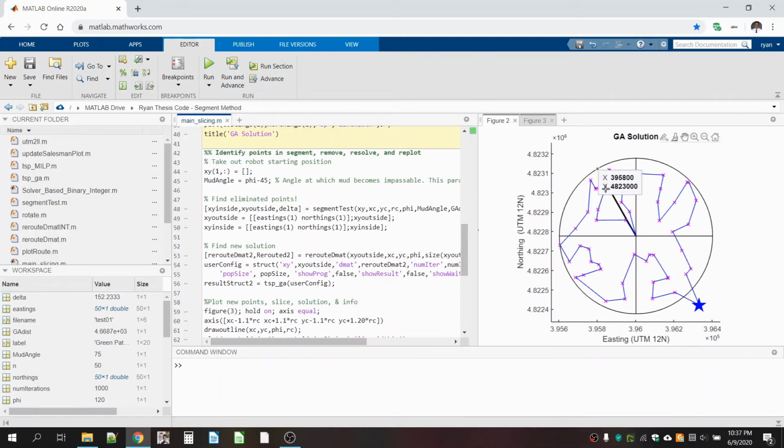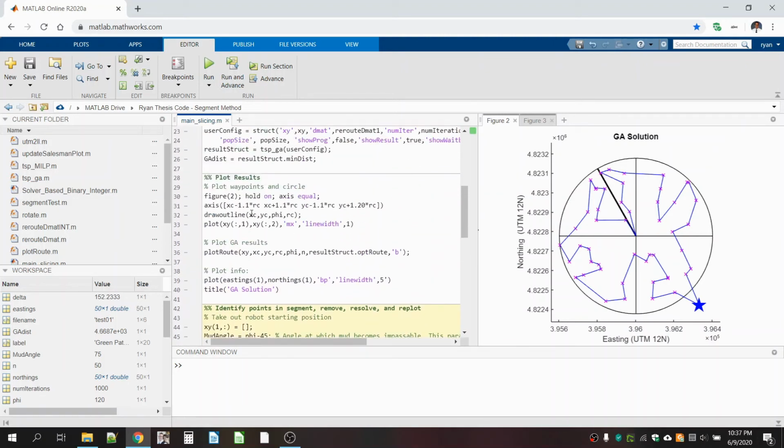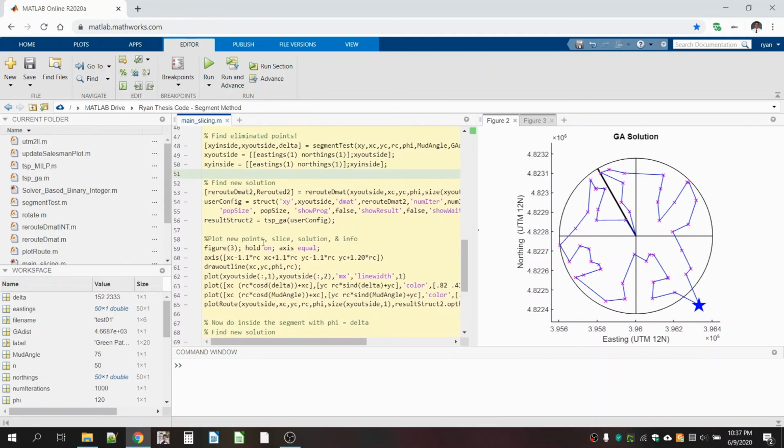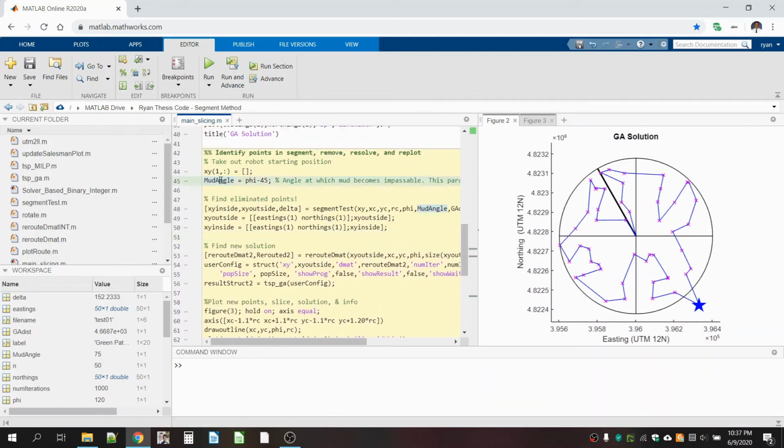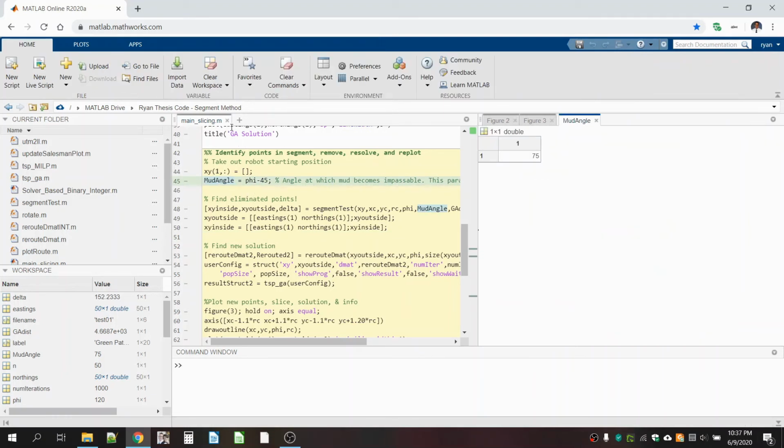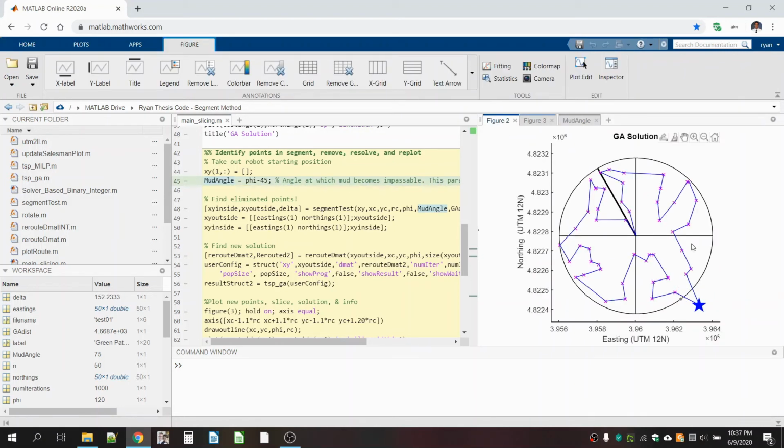So the way that I proposed in my thesis to handle this is you calculate this solution just like we've done here, and then you know how fast the robot is. Sorry, just a second. You know how fast the robot is and how long it'll take to run this path. You also know how fast this irrigation line is.